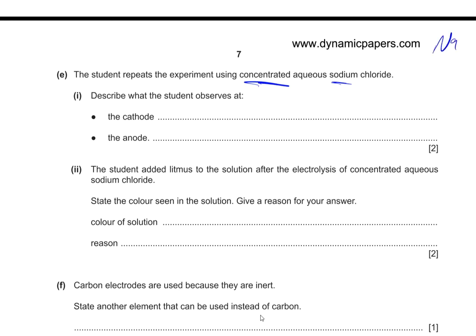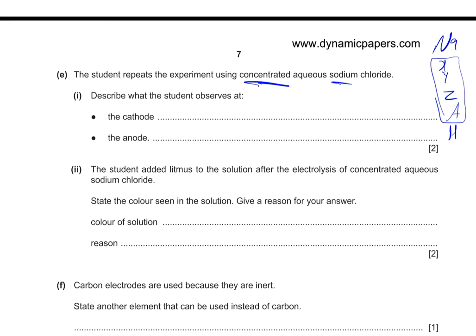Sodium is here, hydrogen is somewhere here, and there are other elements in between the sodium and hydrogen. Since sodium is more reactive than hydrogen, it won't form at the cathode, but hydrogen would still form.